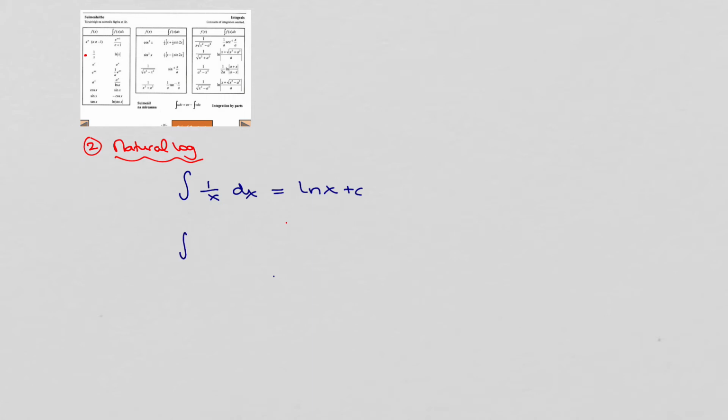However, most of the time we'll get something like this, where it's 1 over a function in terms of x, where that function is linear, and therefore when we integrate, it will be natural log of that function divided by the derivative of that function plus c. Let me say f of x is linear.